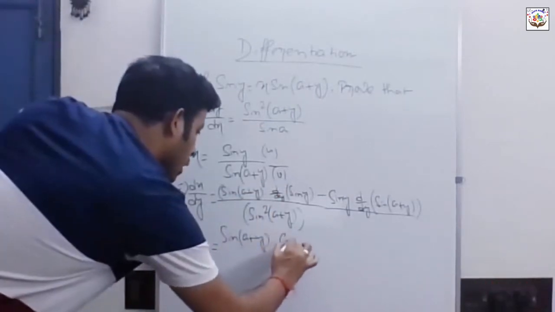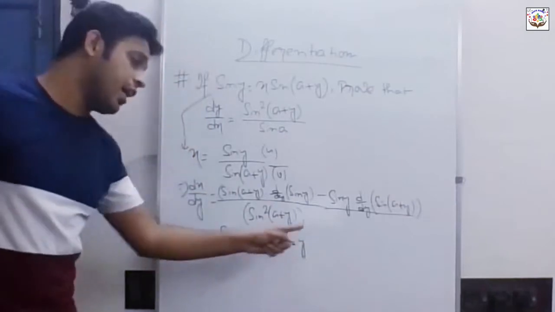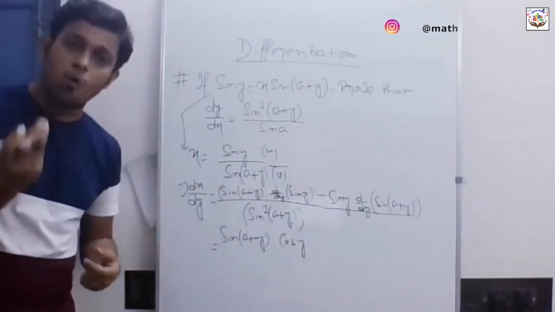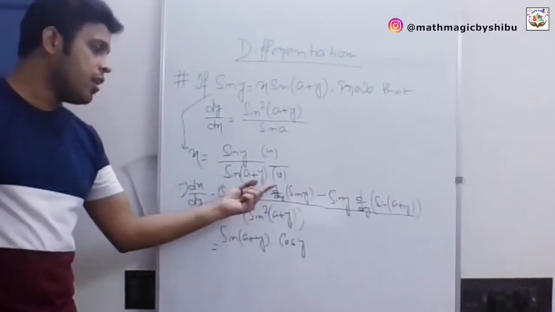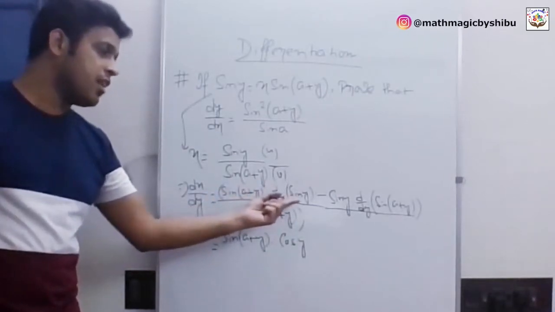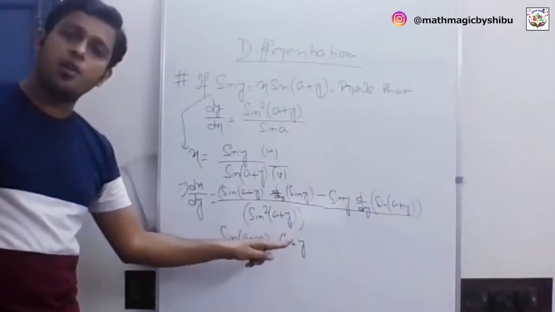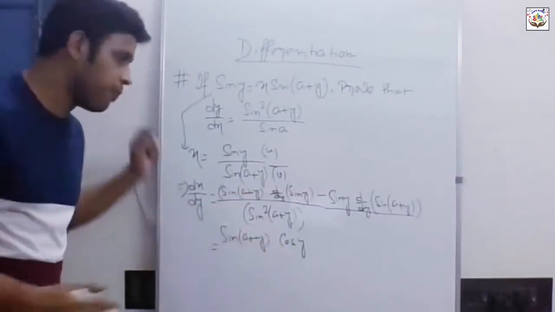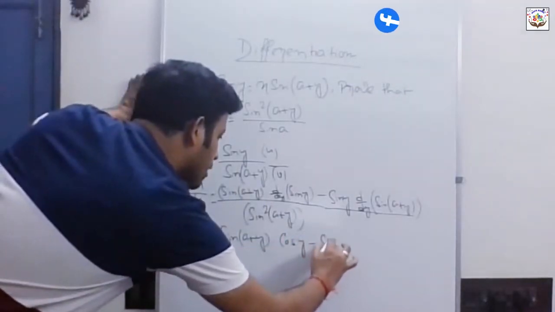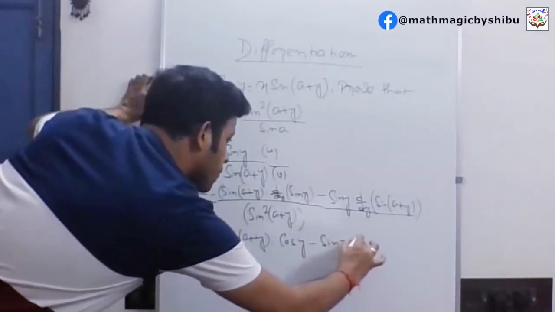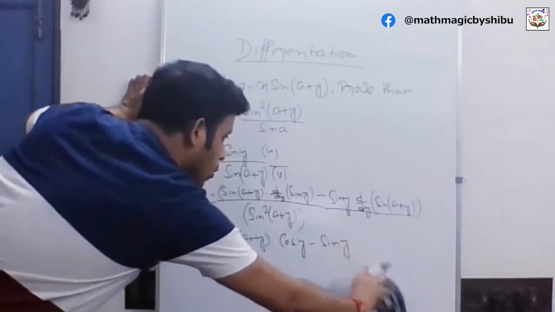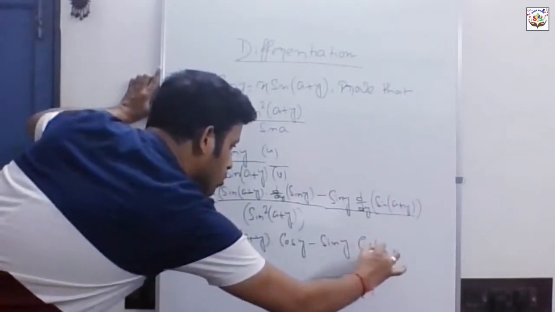We will not write any dy/dx because we are differentiating in terms of y now. Just imagine if it were d/dx of sin x, you would have written cos x only. Similarly, d/dy of sin y, I have written cos y. Minus sin y and d/dy of sin(a plus y) would be cos(a plus y).